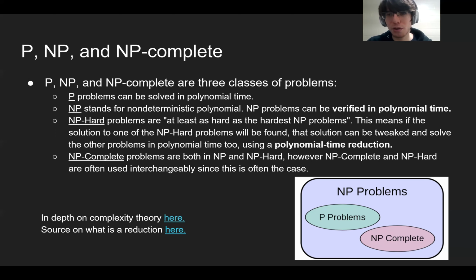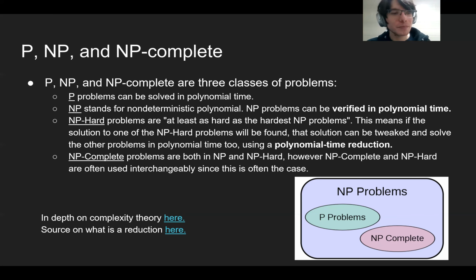Those are the only ones we actually go over in this class, but there are other classes you can take at UF where you learn more, like I think the data computation class, if this is interesting. But anyway, P, NP, and NP complete are the three classes of problems we're going to discuss. P problems are those that can be solved in polynomial time.